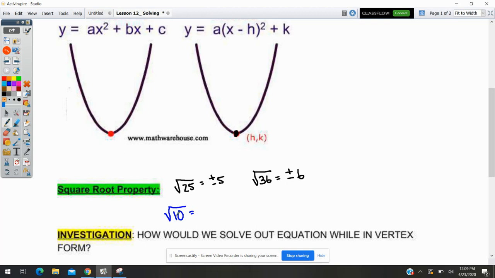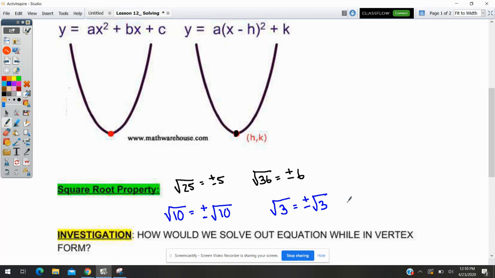It's an irrational number. We're not going to write this as a decimal because we want to be as accurate as possible. So when we take the square root of 10, we just write it as the positive and negative square root of 10. Same with another number that's not a perfect square, such as the square root of 3: that would be the positive and negative version of the square root of 3. This is the square root property.